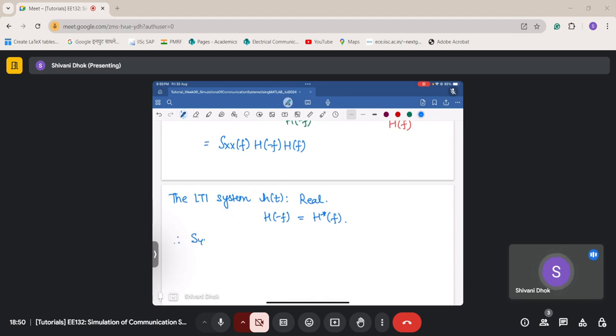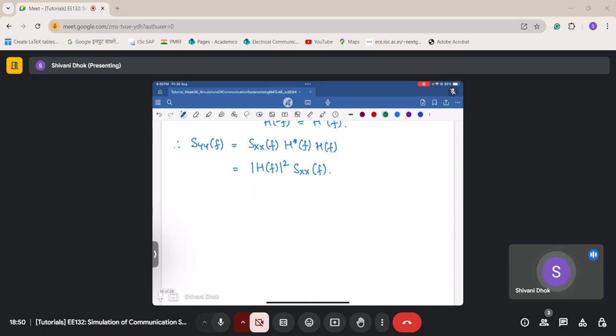Therefore, this Syy of f comes out to be equal to Sxx of f into H conjugate of f into H of f. So this comes out to be equal to magnitude of H of f squared into Sxx of f.